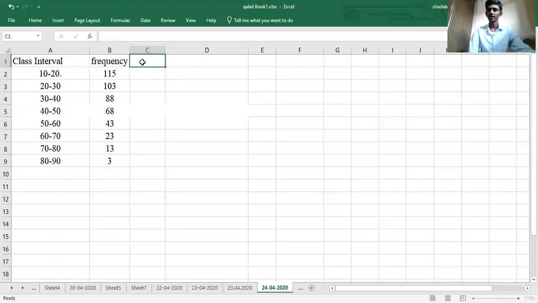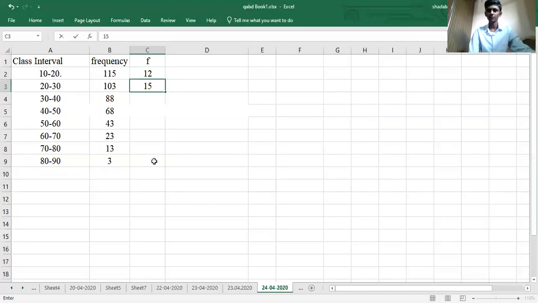Now we have to find the actual frequency. For simplicity, you can do it like this: 115 minus 103, 12. 103 minus 88, 15.